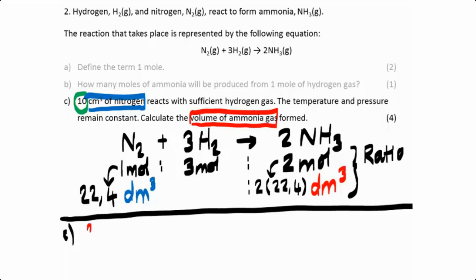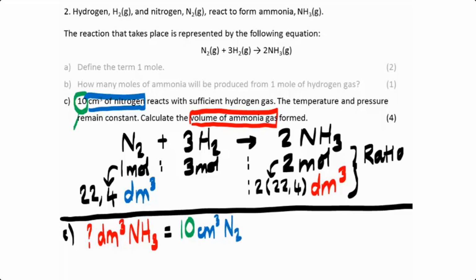Now we can get to our particular question. And our question is, what is the volume? So let's say, how many decimeter cubed of ammonia are formed when 10 centimeter cubed of nitrogen reacts. Okay, now we need to be careful because this is centimeter cubed, but we actually need decimeter cubed.